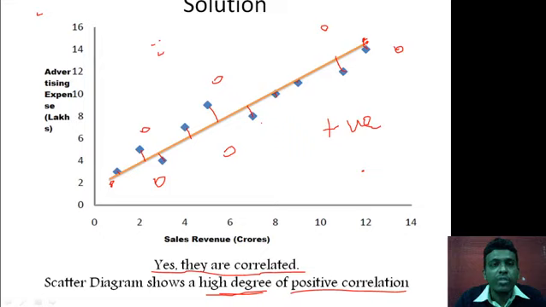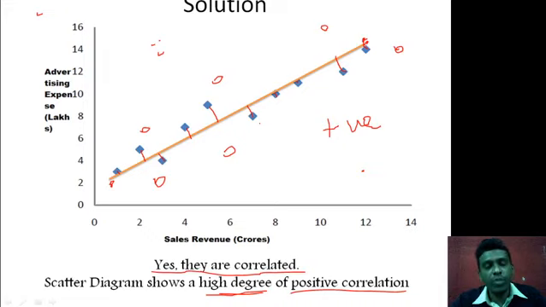The value of this correlation I do not know. We will get it only by algebraic methods like Karl Pearson's coefficient of correlation or the rank correlation method. But I can guess that the value is positive and should be between plus 0.5 and plus 1, because it is a high degree, so a high value on the positive side.